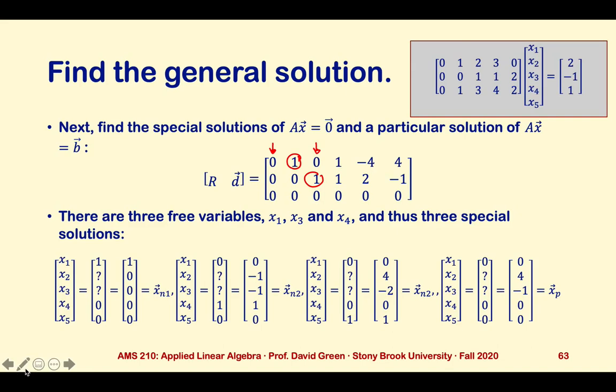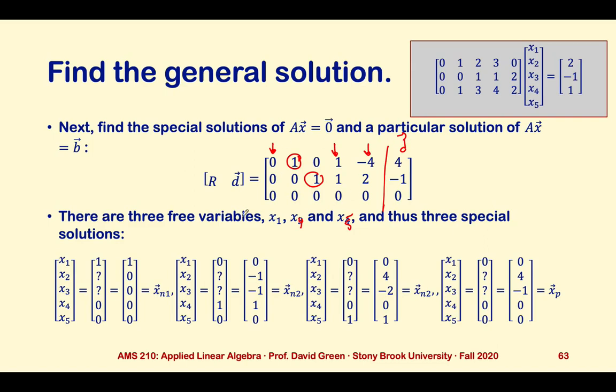Sorry, that one is not a free variable. x1, x4, and x5 are our free variables. x2 and x3 are pivots. Remember that this last column is our right-hand side. It does not correspond to a free variable.